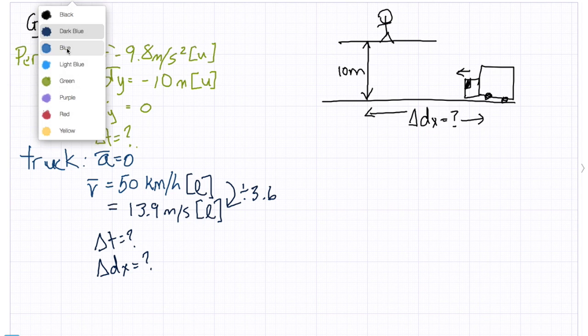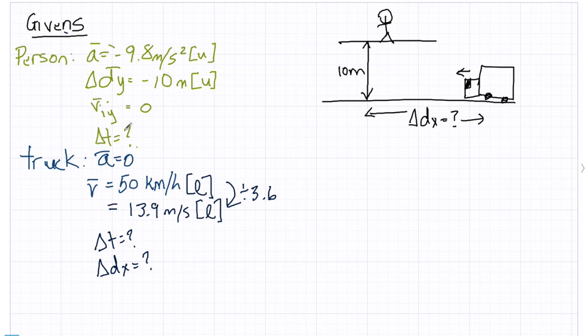So we know the most about the person. So my strategy is if I can find the delta t of the person, then I know the delta t of the truck, and that gives me one more piece of information, and then I can use that to solve for delta dx. So to find delta t for the person, I'm going to use a motion equation.